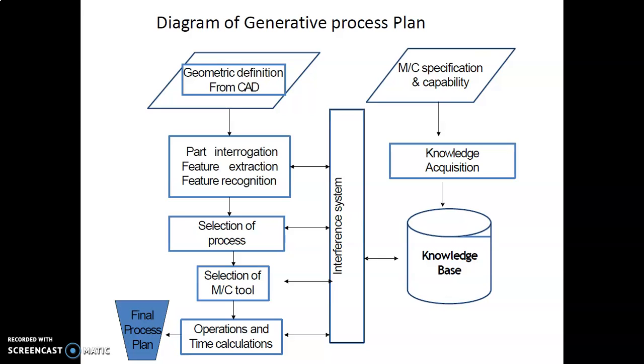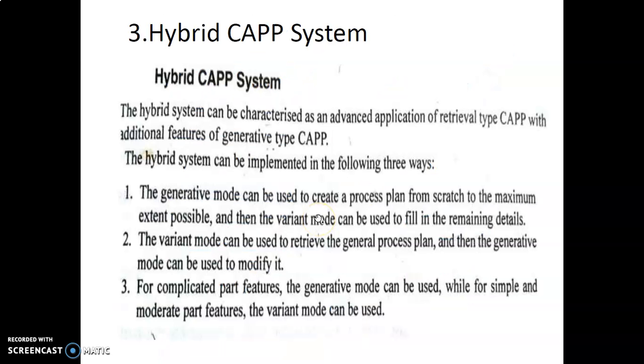Here we have a selection process, selection of machine tool, geometric definition from CAD, and the rest of the things you can check. But in the generative type, you can understand that you require some programming knowledge also. Then and only then you can generate that CAPP system.